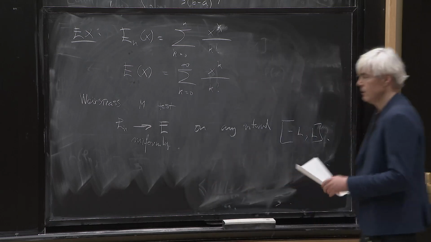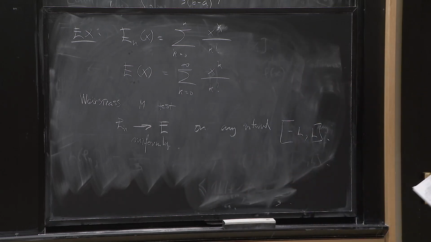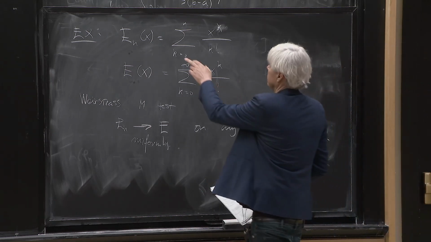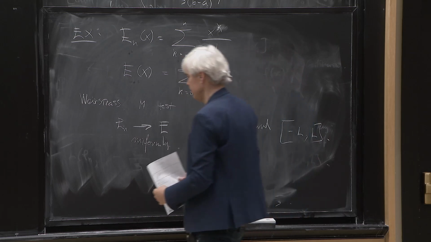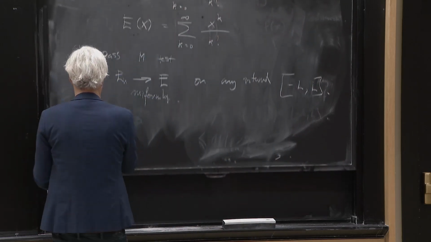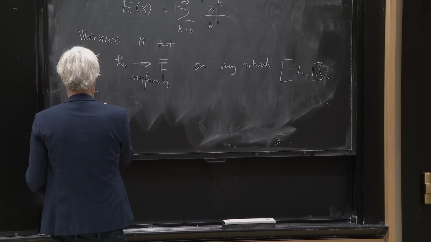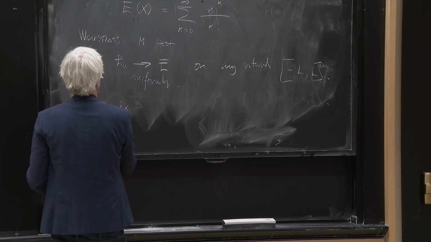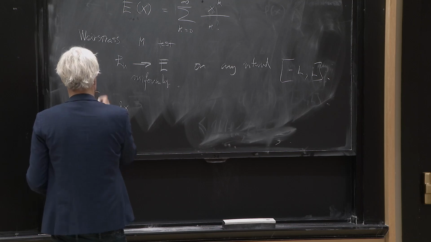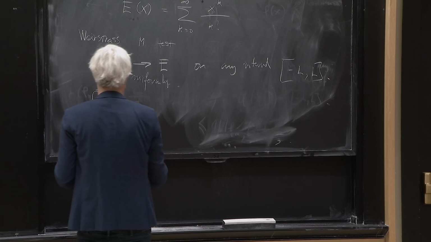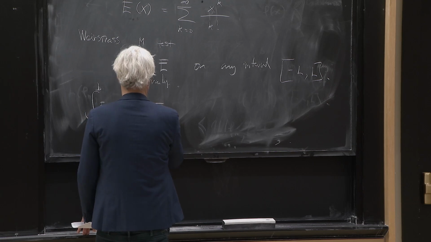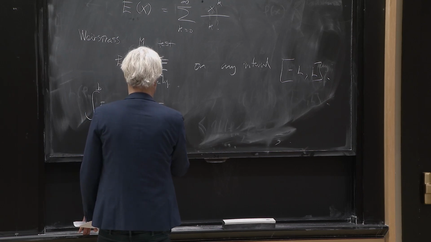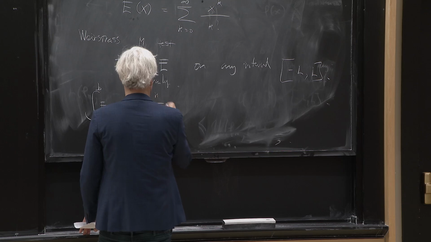Now these functions En are polynomials, so it's easy to integrate them. The integral of En dx over some interval from a to b is equal to the sum, and now it's just a finite sum, so you can exchange that.